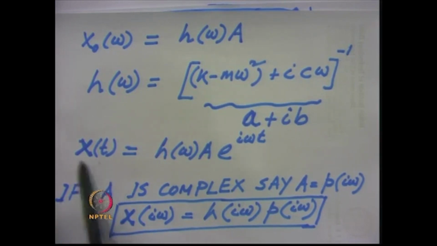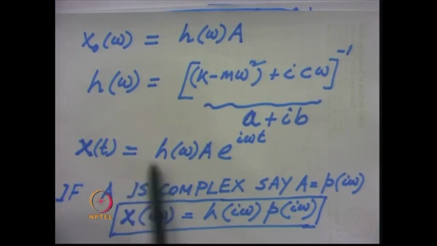The x t that we are wanting to find out can be obtained now by multiplying H omega with A into e to the power I omega t. With the help of this, we can get the value of x t.